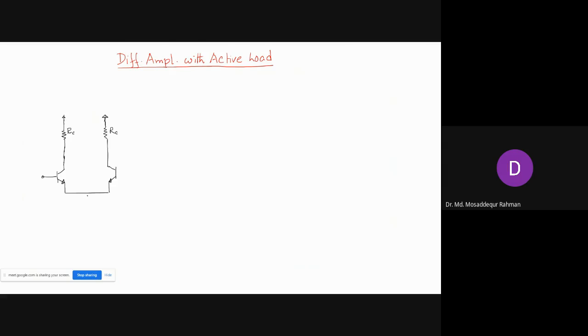The main function of the differential amplifier is to serve as the mixer at the input side. It takes the difference of the two signals. One is the main signal, the other is the feedback signal, right? So the main function of the differential amplifier is to take the difference between these two.